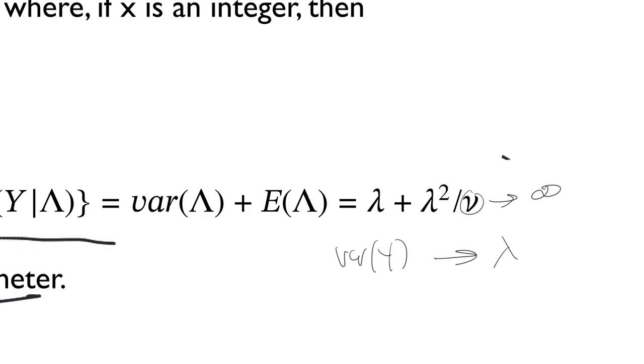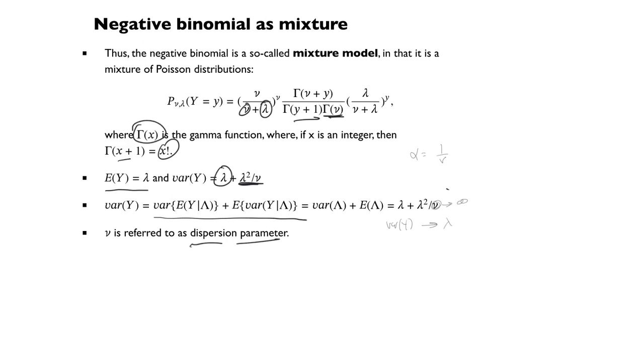So in other words, I can make it look like Poisson if this dispersion parameter gets really big, or if I decide to parameterize it as 1 over the dispersion parameter, sometimes you'll see alpha, which is equal to 1 over it, if that goes to 0, then the negative binomial goes to Poisson. So also, if your model says Poisson's a good fit, you don't lose anything because your negative binomial will go to a Poisson. So it's not risky to try it because you're overestimating the variance. It's never going to be smaller than Poisson, but it can go to the Poisson.